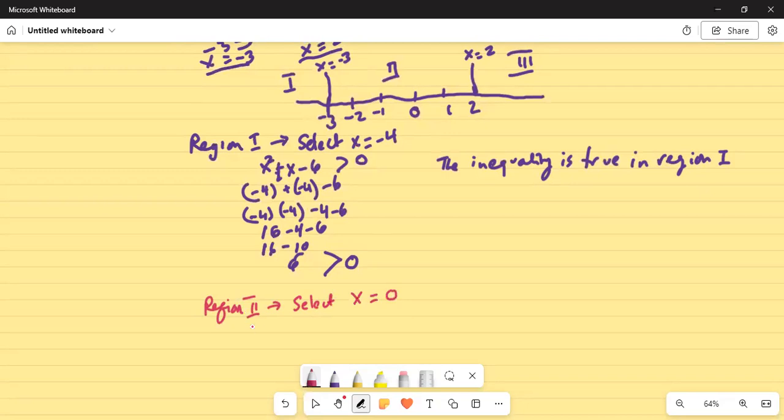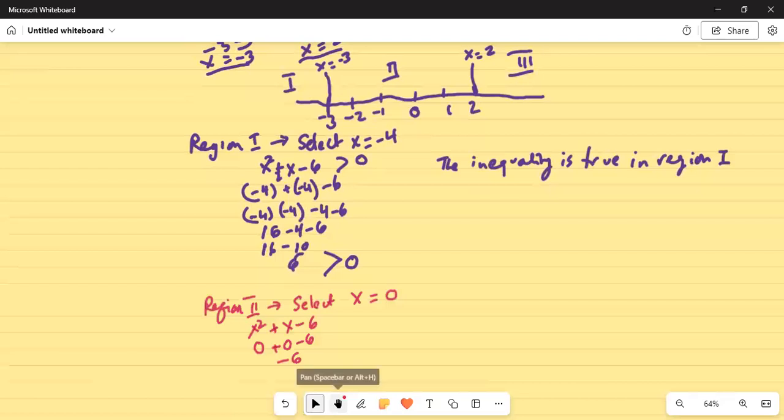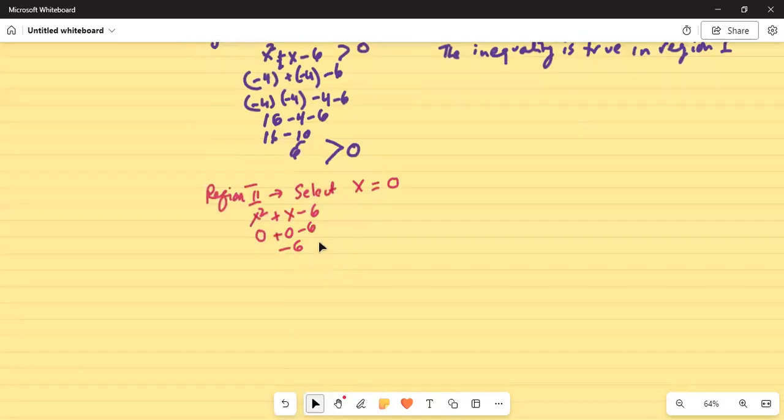So what is my inequality? x squared plus x minus 6. Plug in the value of x equal to 0. We have 0 squared plus 0 minus 6, and that is -6. Okay.